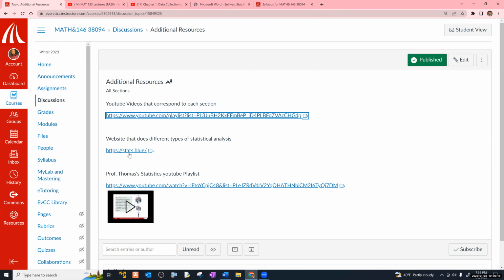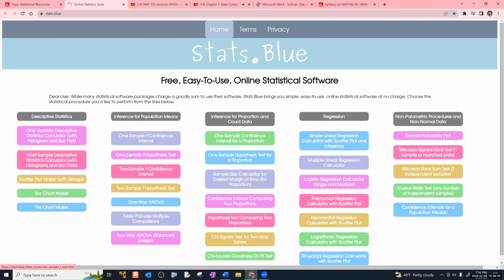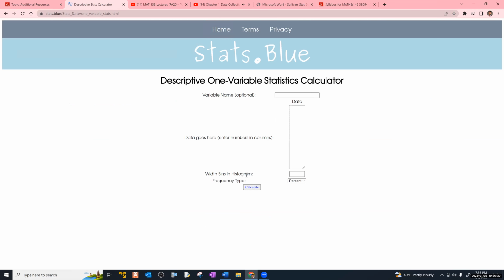Here's another resource. This is an online stats calculator. So you click on one of these things, you can actually calculate certain things. This is like a backup, right? Like if you needed to calculate some data on a list of numbers, let's say I have 2, 12, 22, and so on and so forth, just a bunch of numbers.